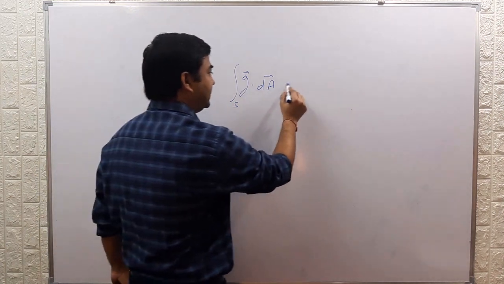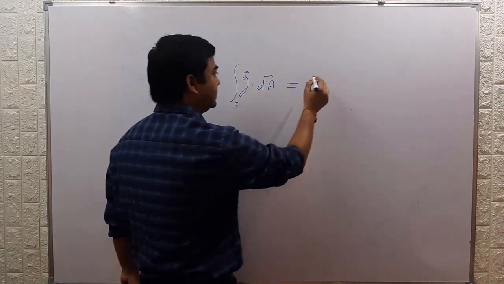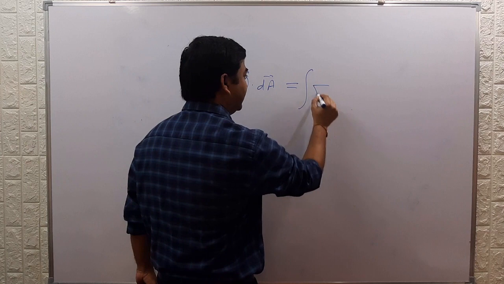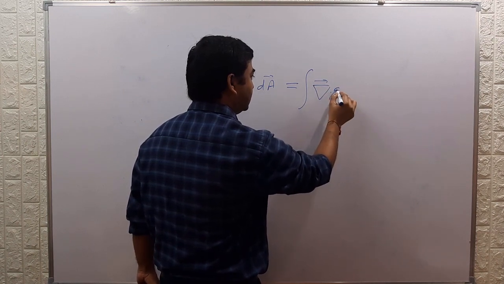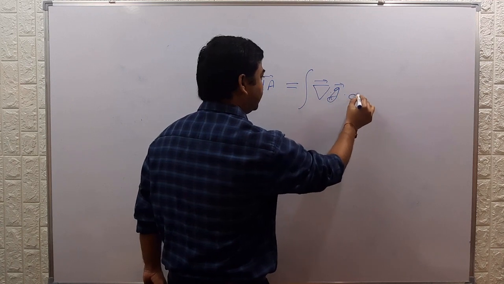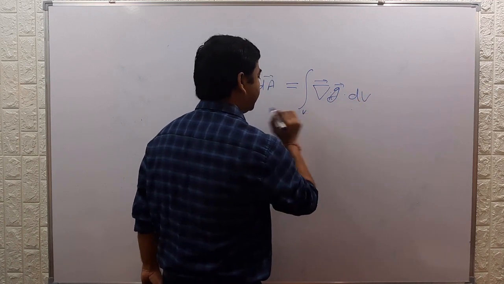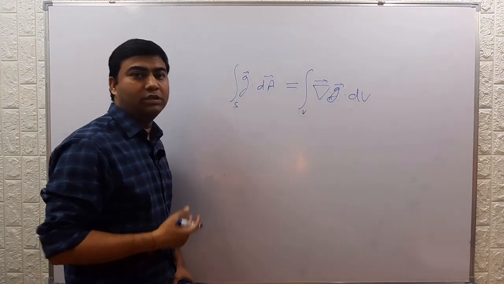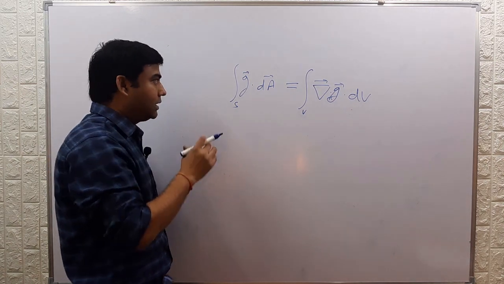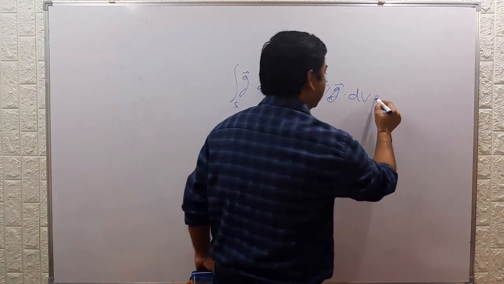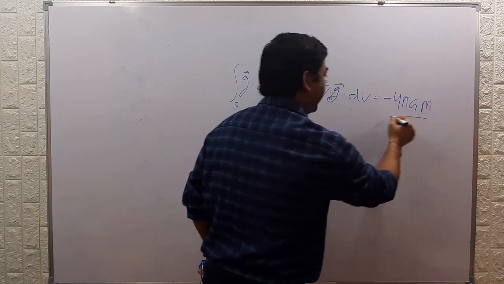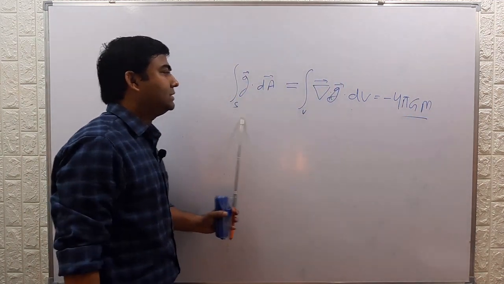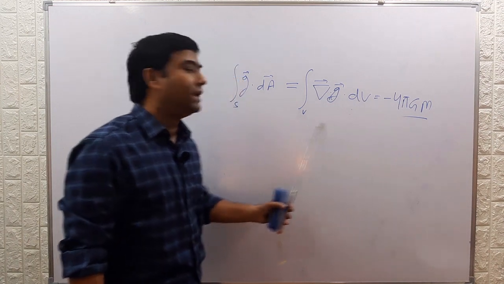For a surface, gravitational flux is equal to the flux of the gravitational field through the imaginary Gaussian surface, and this is equal to minus 4 pi Gm. This is the Gauss's law for gravitational field.